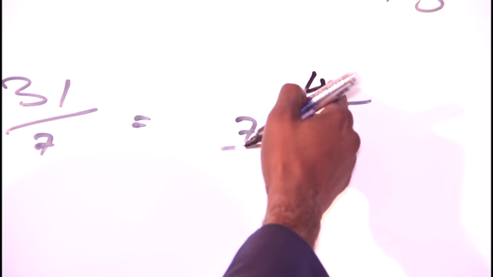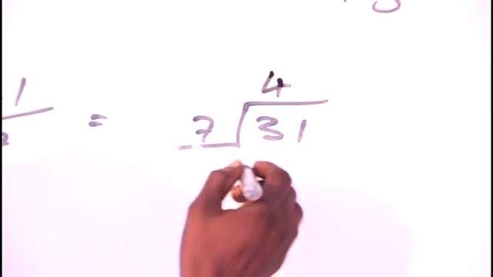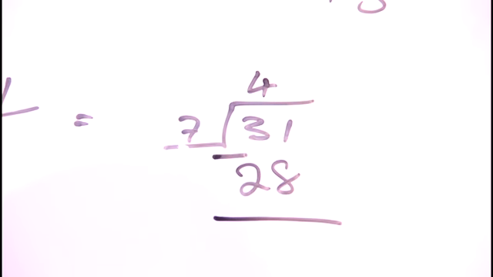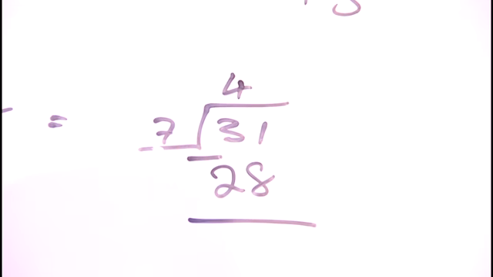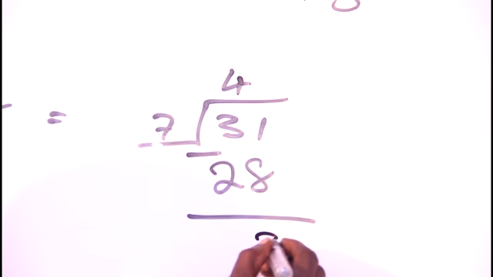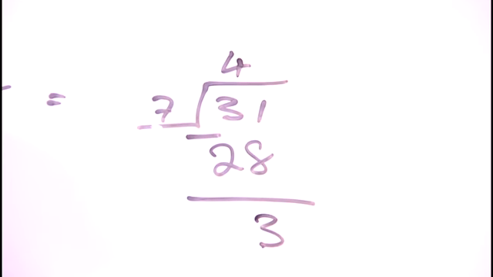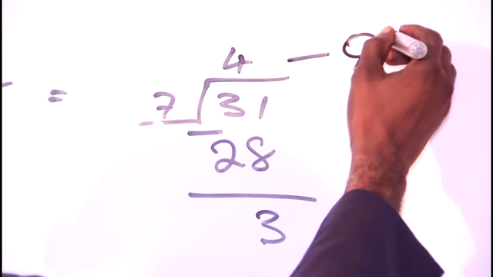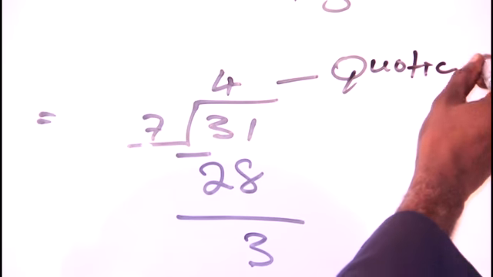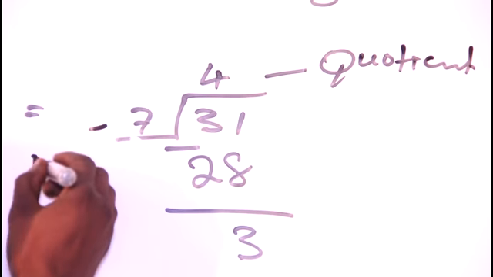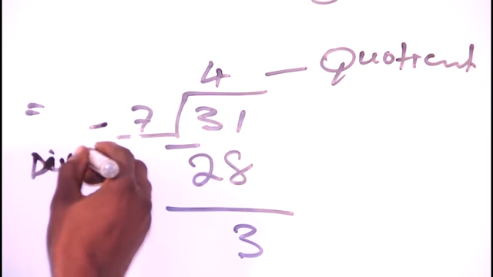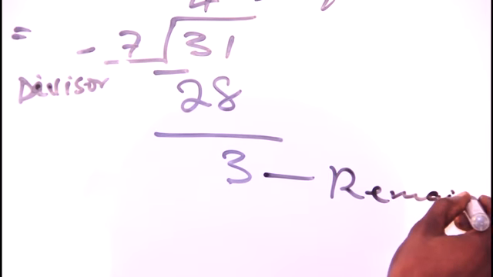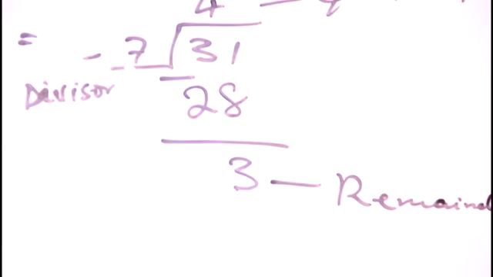You have 4. 4 times 7, that will be 28. Then you find your difference. 31 minus 28 will give us 3. And with that, you will call this one your quotient, this is your divisor, and this will be your remainder. That's the same method we are going to employ here.